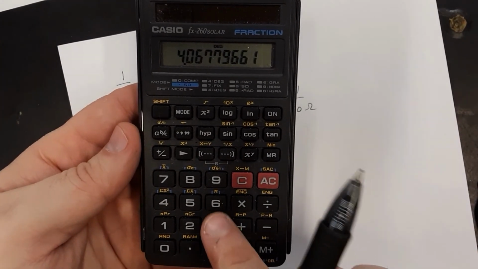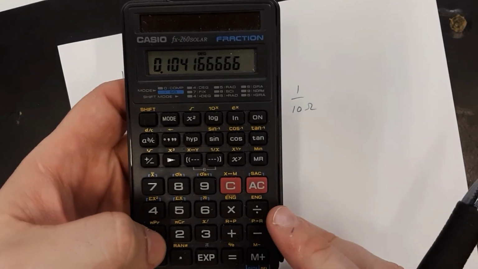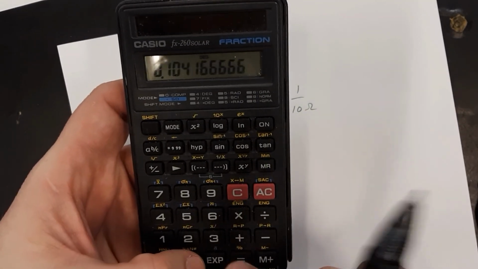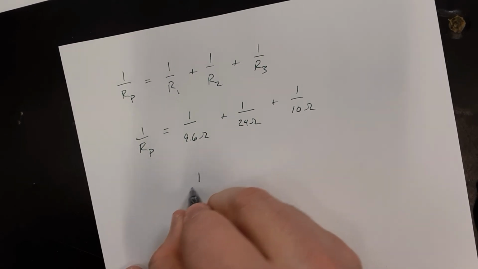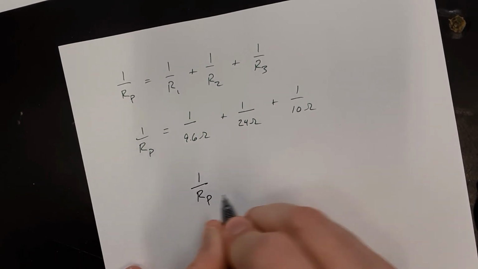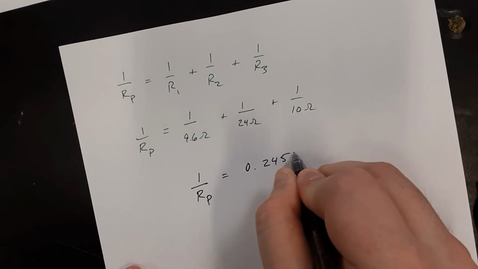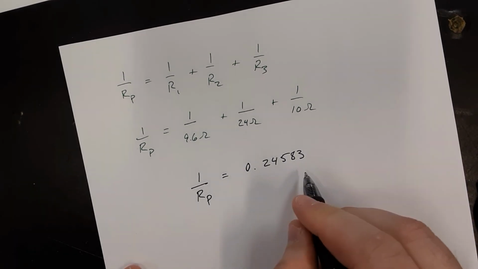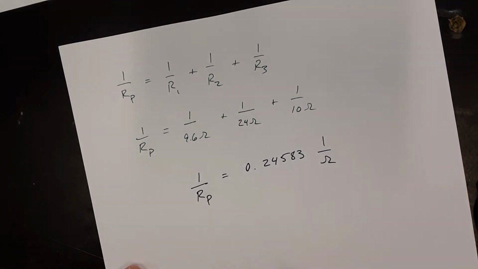But you just do like 9.6 inverse. Or you do 1 divided by 9.6, and you do all the parentheses. So you need to be careful of doing that. But when you do this, what you get is 1 over this parallel resistance is 0.24583. And your units, everything in here is ohms on the bottom, so it's 1 over ohms.